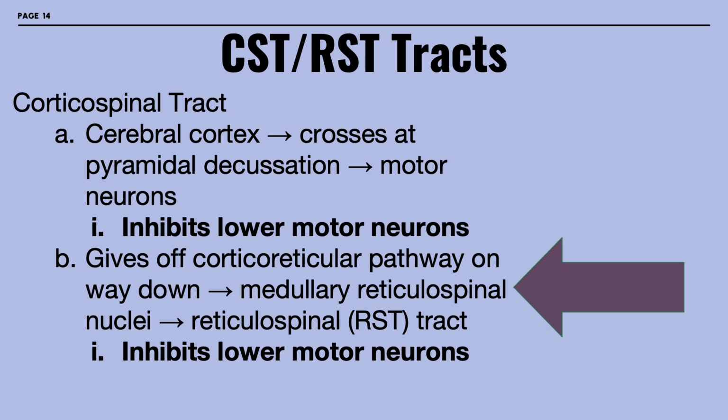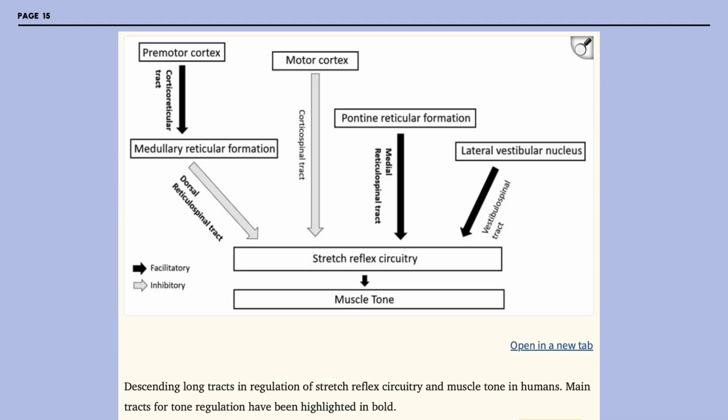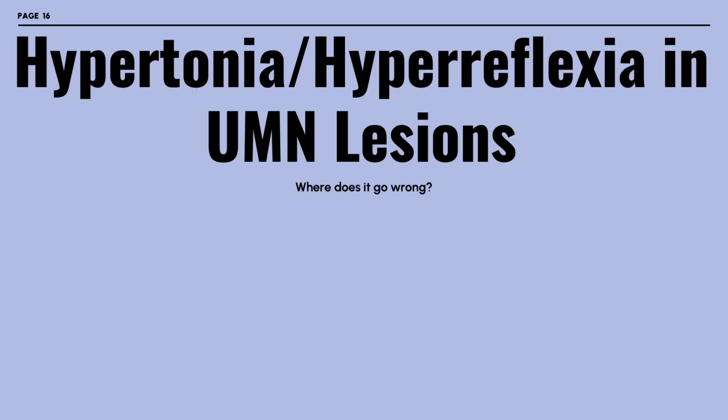On the way down, the CST also gives off the corticoreticular pathway, which goes to the medullary reticulospinal nuclei and becomes the reticulospinal tract. This inhibits lower motor neurons as well. Many different pathways are involved in muscle tone. We are just going to focus on those for this lecture.